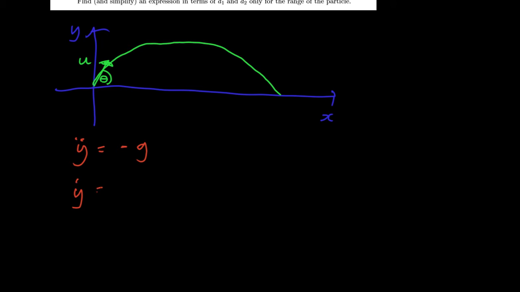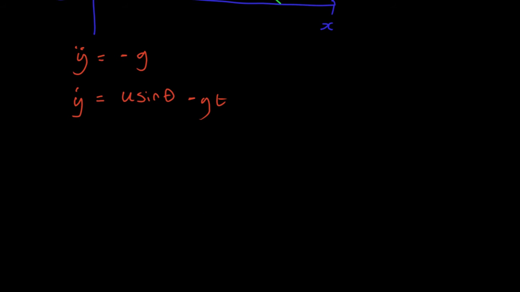y dot is going to be, well, we integrate this, and of course our constant is the initial velocity, which is u sine theta, take away gt. Then if we integrate again, we actually get a very familiar equation.